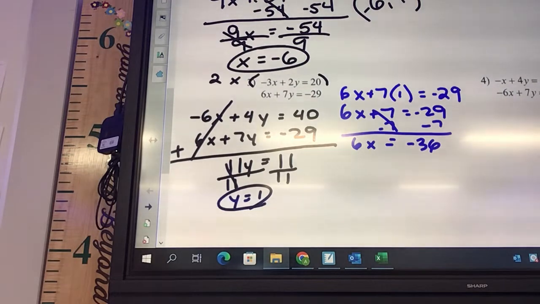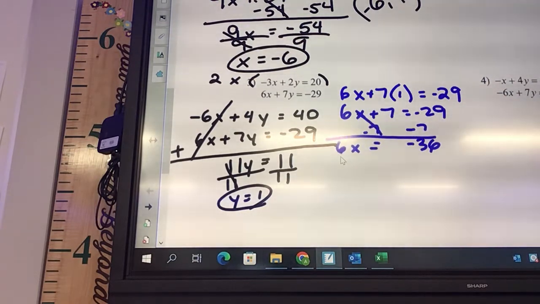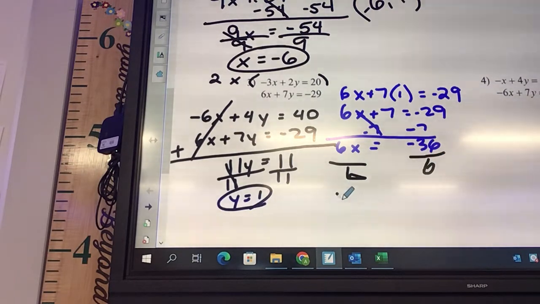And yeah, it's going to be negative 6. I know, I can't read this, but what should my coordinate be? Negative 6, comma 1.